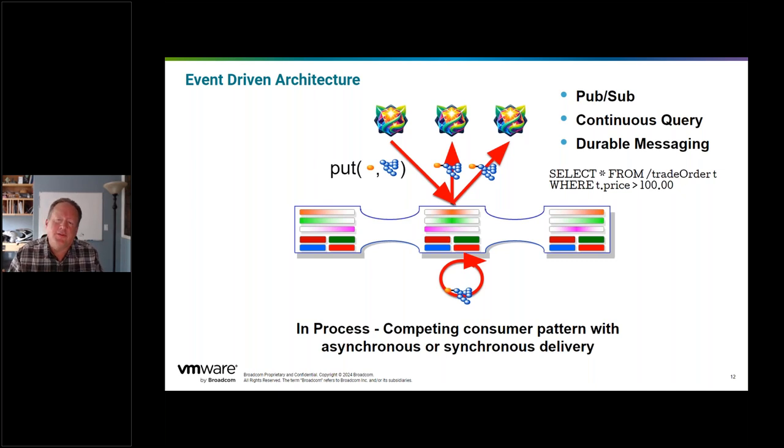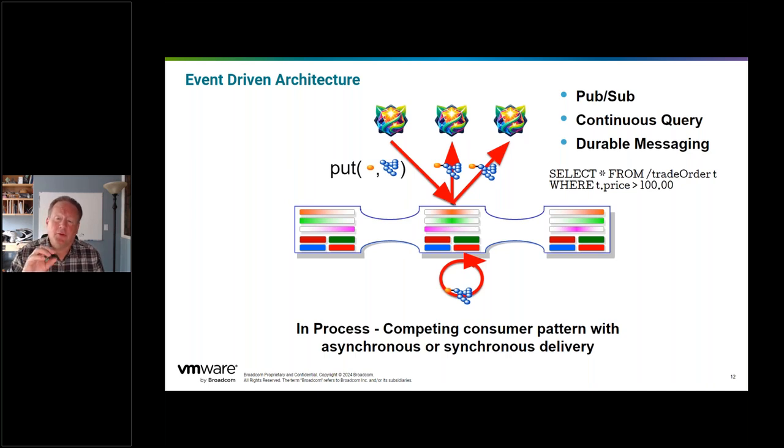I could also set up a where clause where I can say, you know what, I only want to see exceptional events where, say, my price is greater than $100. So now I can get that exceptional event that I'm interested in, where it's running on the servers, and my worker nodes, my clients that are out there, could be listening for those events.